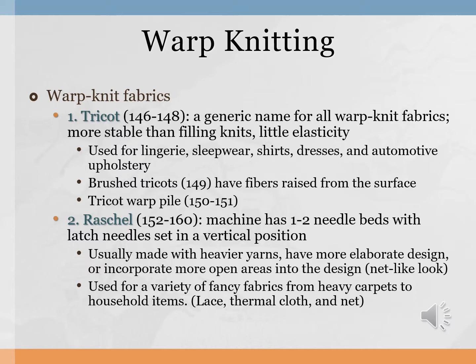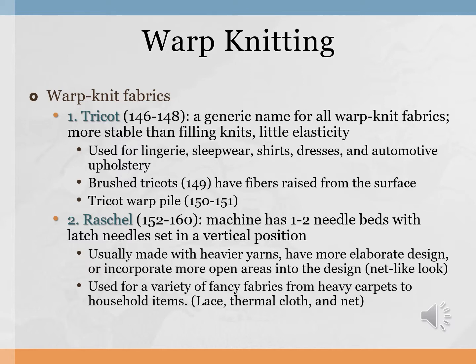The types of fabrics you'll see using the tricot knit would be things like lingerie, sleepwear, even automotive upholstery. If you take a look in your fabric kit, you will see examples of tricot from 146 through 148. It can also be brushed so you have a raised surface. That would be fabric 149. You can also take a look at a tricot warp pile in fabric swatches 150 and 151.